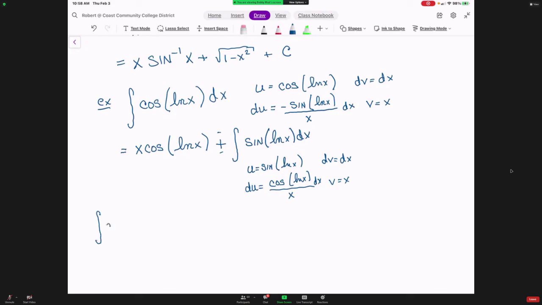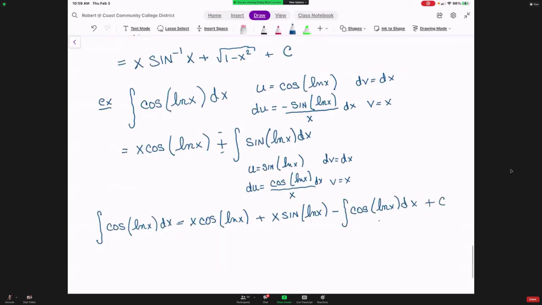So our integral of the cosine of the natural log of x dx is equal to x cosine natural log x plus uv, x sine of natural log x, minus the integral of v du, which is going to be this guy. And then there'll be a plus the constant.